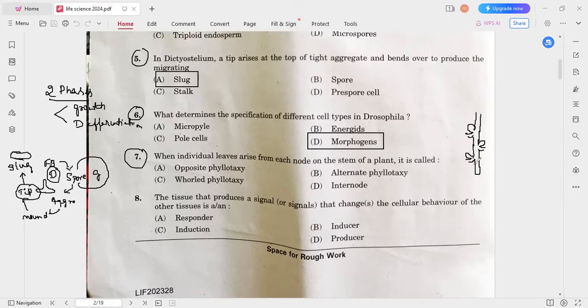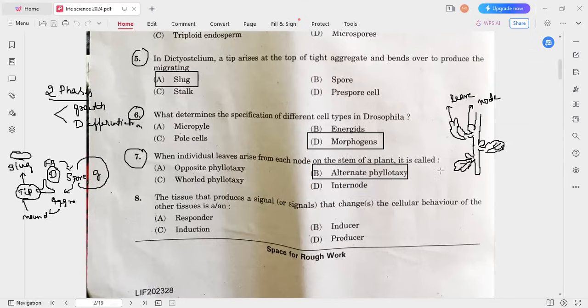So this is the stem, this is the node, and in each node, this is the leaf. When an individual leaf arises from each node on the stem of a plant, this type of formation is called alternate phyllotaxy.